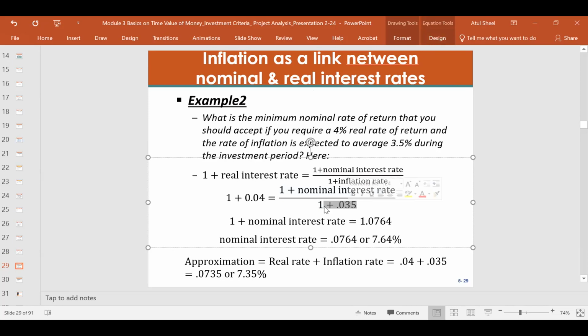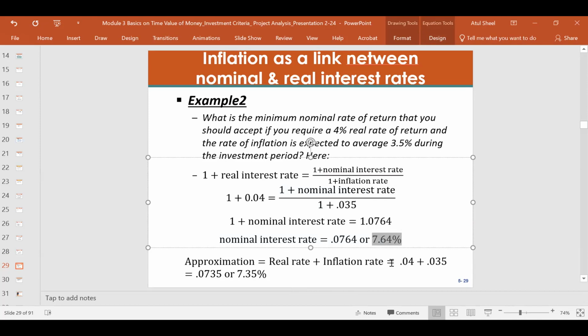So I just solve this equation and I get my nominal interest rate as 7.64%. And for my approximation, I will use real interest rate plus the inflation. So you will see here 4% plus 3.5% is 7.5%. It is approximate. It is not accurate, but it is approximate.